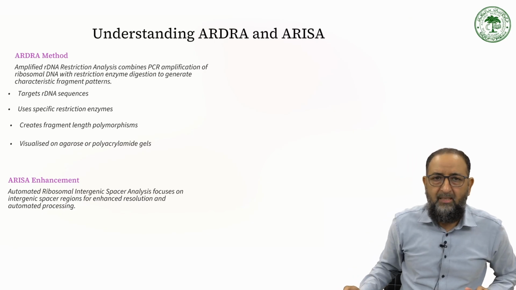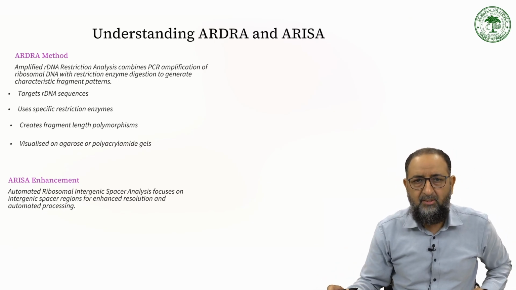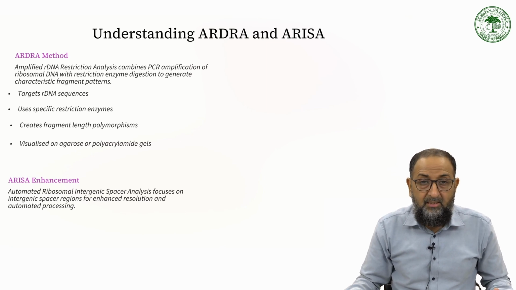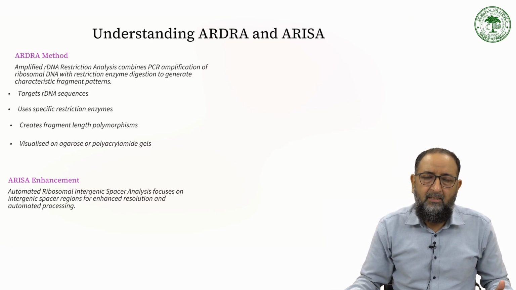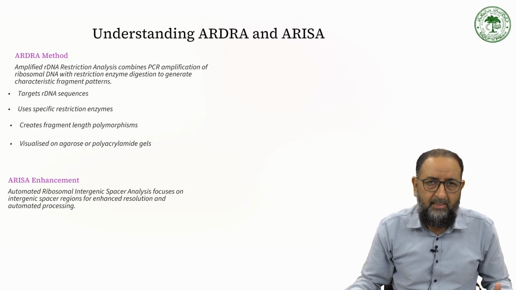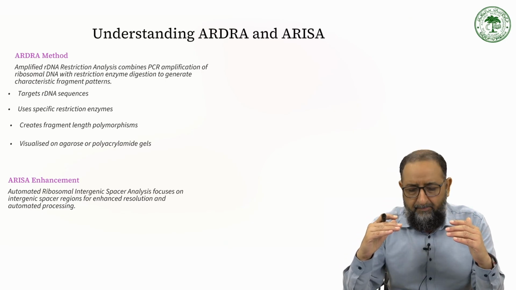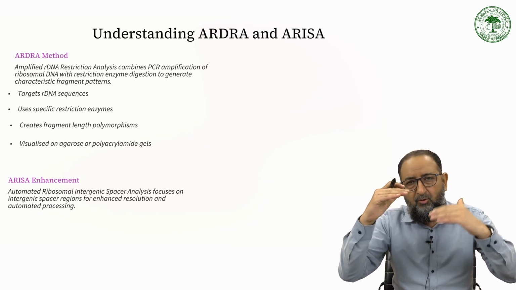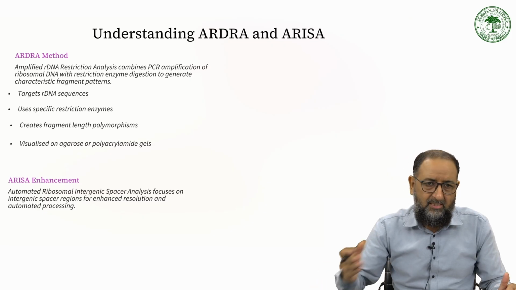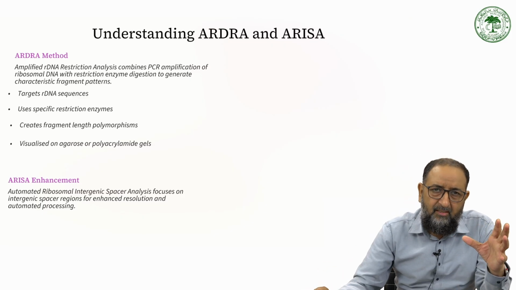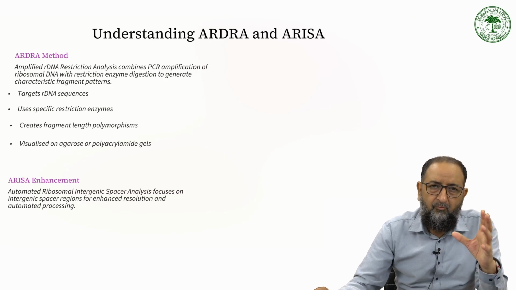Now, if you go to my earlier lecture where we talked about DGGE and TGGE, that is, denaturing gradient gel electrophoresis and temperature gradient gel electrophoresis, the basic principle of variation in band patterns is the same as here. So in this case also, the method is different, but the outcome is the same. The basis of visualizing the difference is the same.